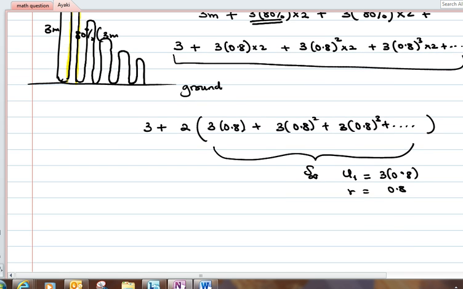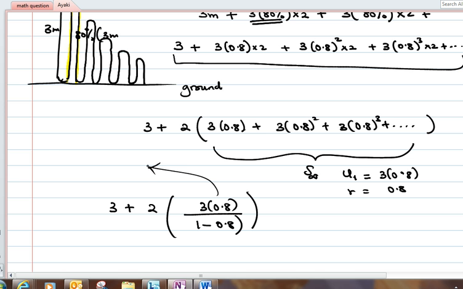So I can find the sum of the bracket, as remember the 2 is still outside, as the sum to infinity, which is 3 times 0.8 divided by 1 minus 0.8. This bracket here comes from the sum to infinity formula, which is u1 all over 1 minus r, with u1 being 3 times 0.8 and r being 0.8.